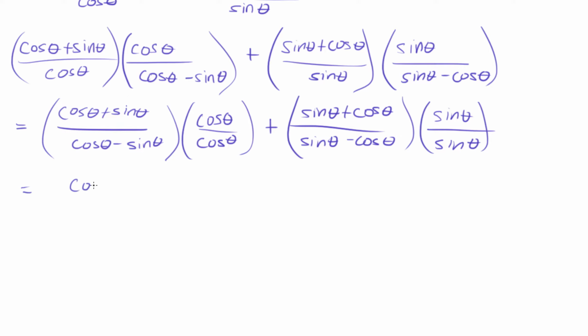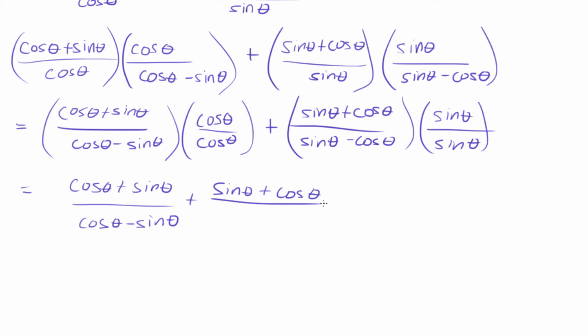So now I'm going to have cosine of theta plus sine of theta over cosine of theta minus sine of theta, and then plus sine of theta plus cosine of theta over sine of theta minus cosine of theta. Now, this is the next trick, okay?